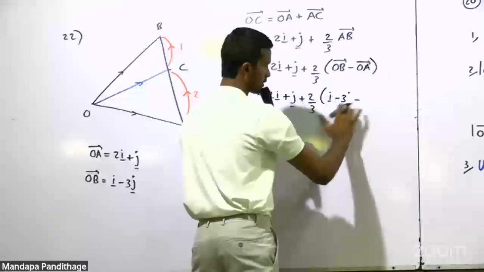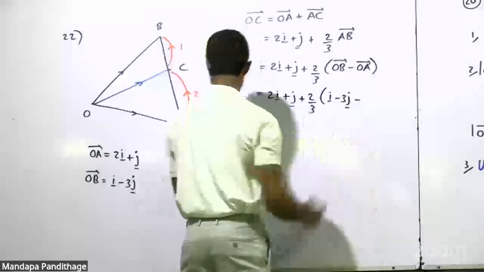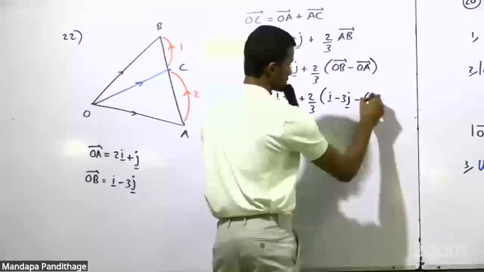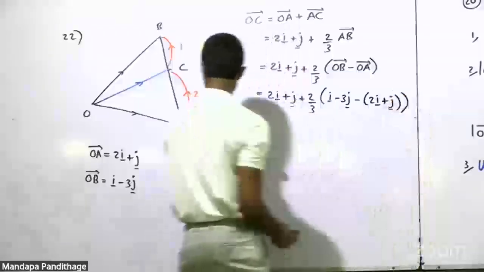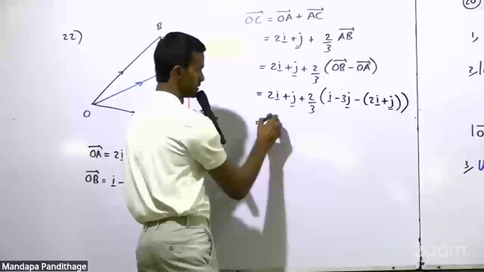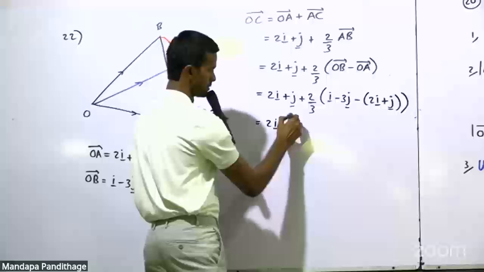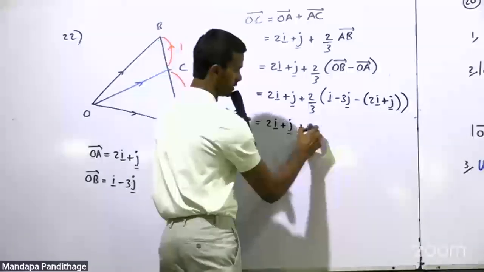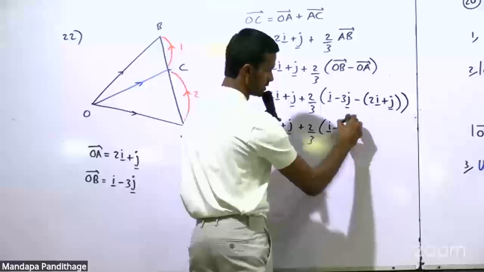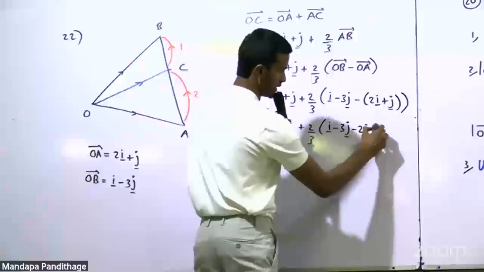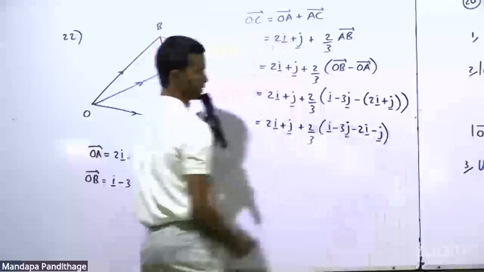i minus 3j minus 2i plus j. So then we have i minus 3j minus 2i minus j. Okay.